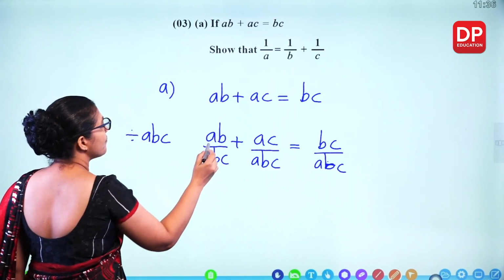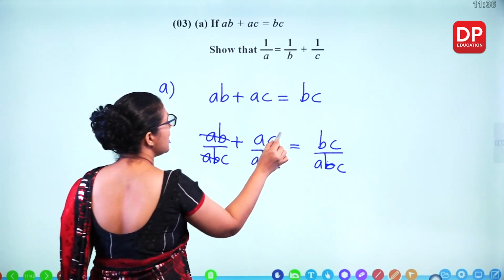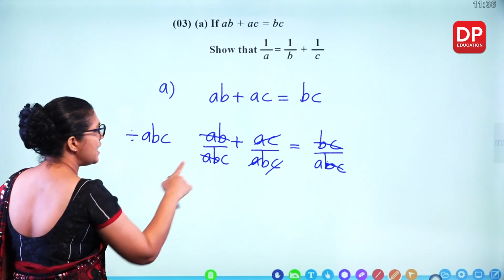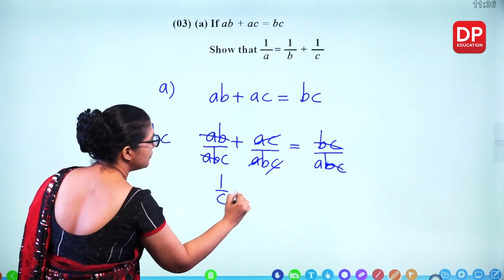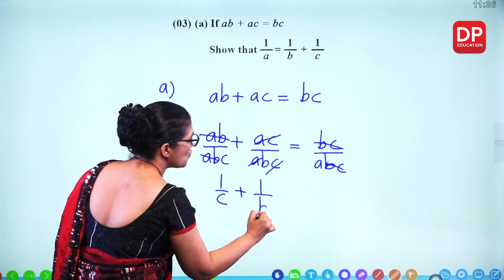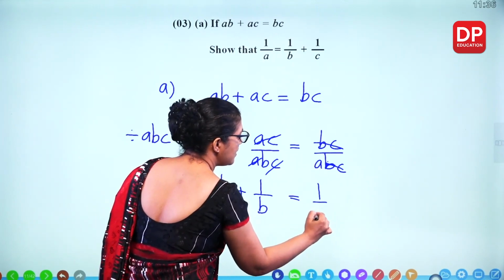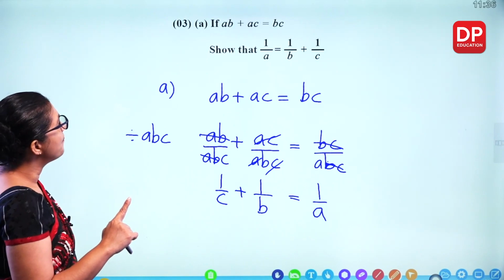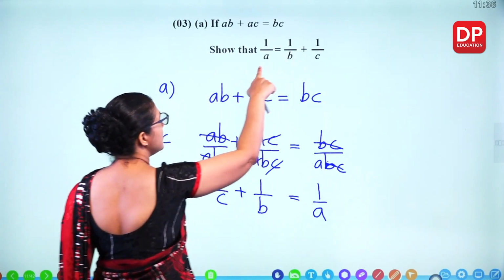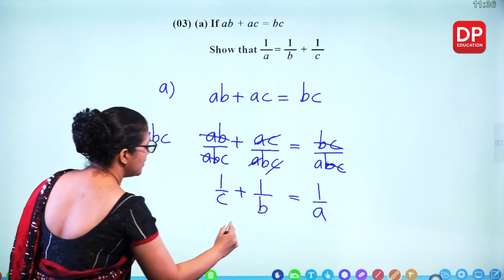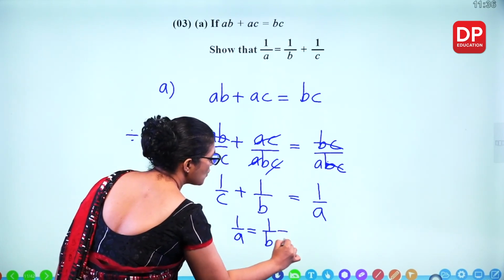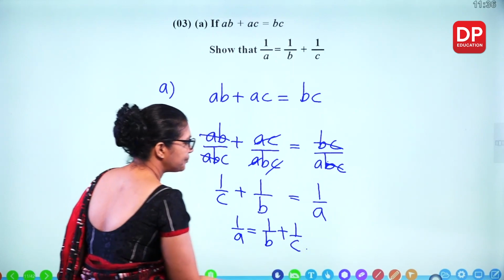Now, AB gets cancelled out, AC gets cancelled out, BC gets cancelled out. So what's remaining? C here, B in this one and A in this one. So 1 over C plus 1 over B, that's this side, is equal to 1 over A. So again I can write 1 over A equals 1 over B plus 1 over C.